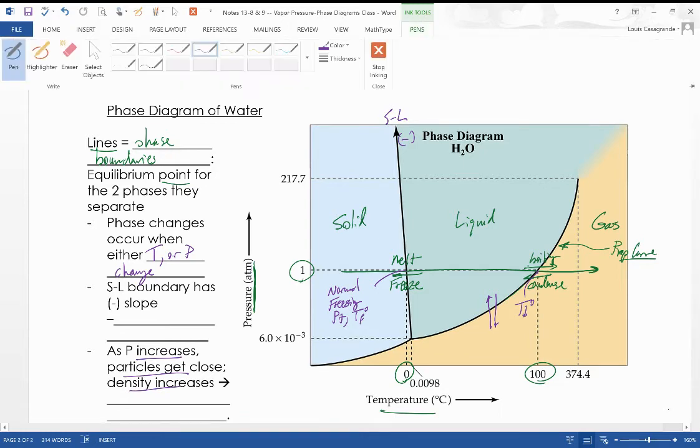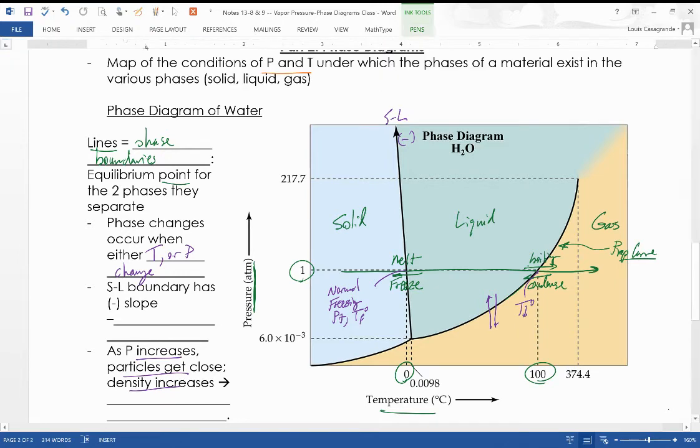So let's draw a line starting at 0 degrees, because that's the easiest place to draw the line. Let's use orange. Starting at 0 degrees, I'm starting in the gas phase at really, really low pressure. And as I move up, I go through my phase boundaries again, from the gas into the solid into the liquid.